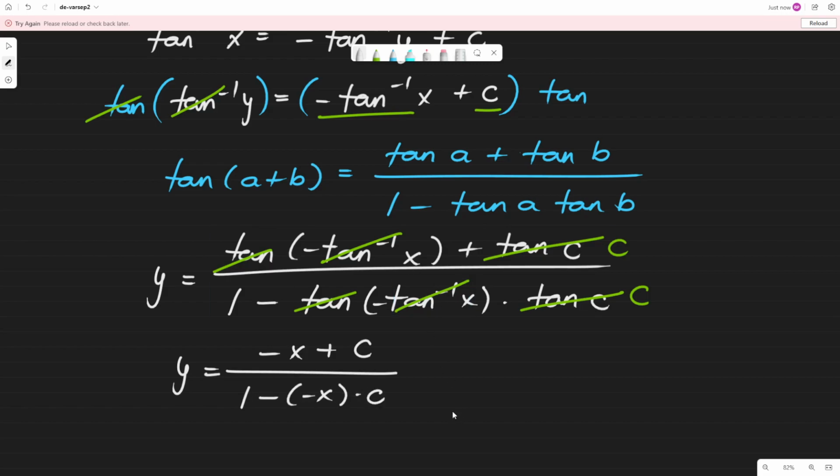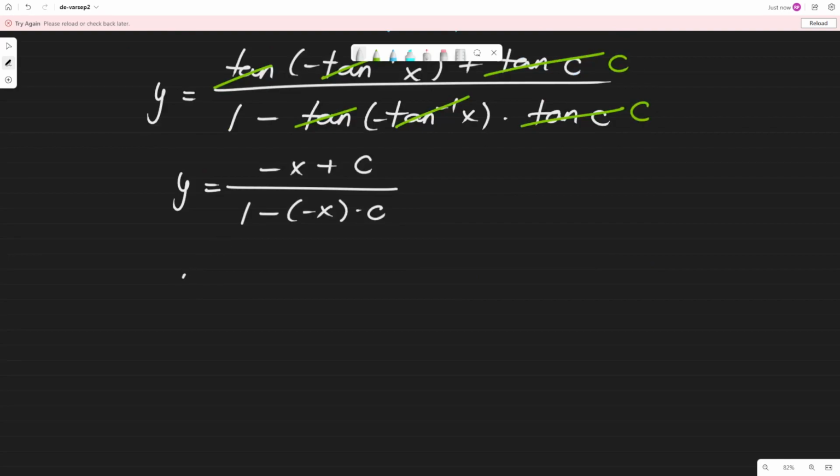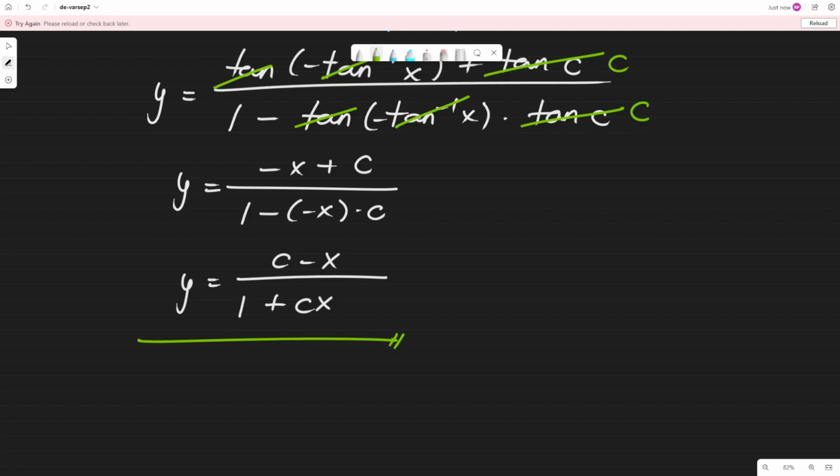Negative times negative is positive. So we have y is equal to c minus x, para mas maayos, over 1 plus cx. This is the general solution to the differential equation.